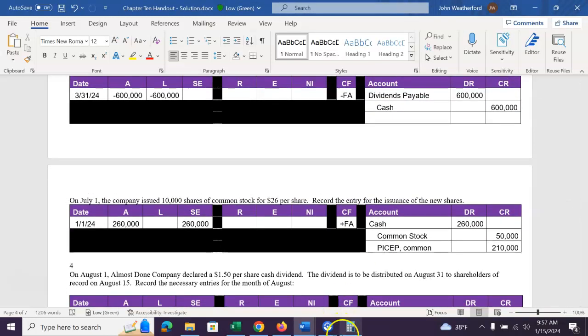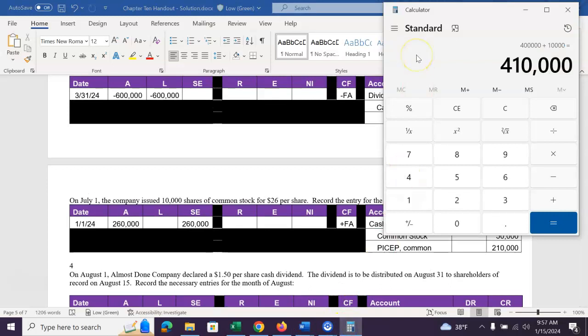Back on January 1st, there were only 400,000 shares issued, but an additional 10,000 shares were issued here on July 1st. So this dividend being declared on August 1st is still $1.50 per share, but total dividends are going to increase because the number of shares issued and in the hands of the investing public is now up to 410,000. So we'll say 410,000 times our $1.50 per share.